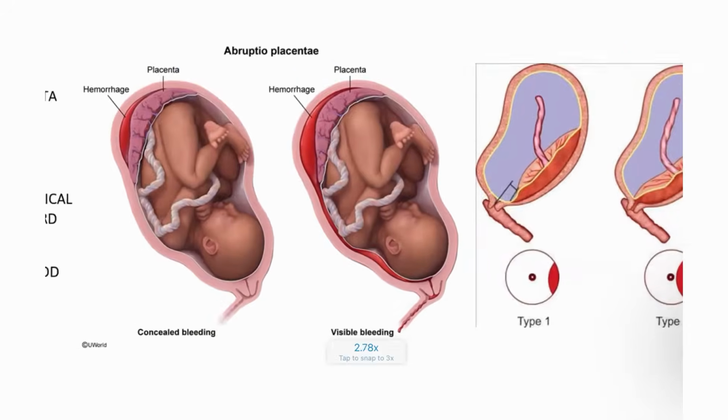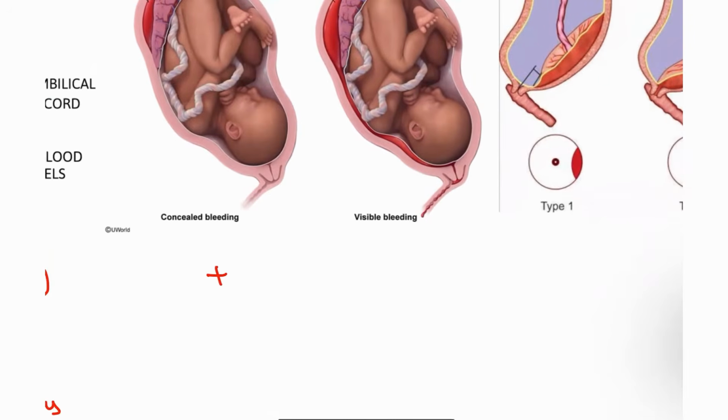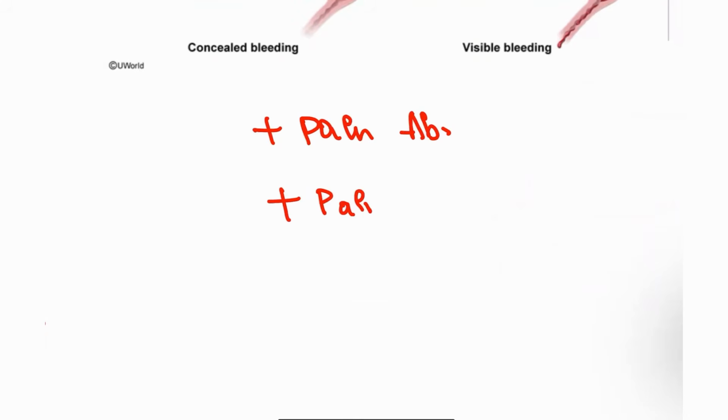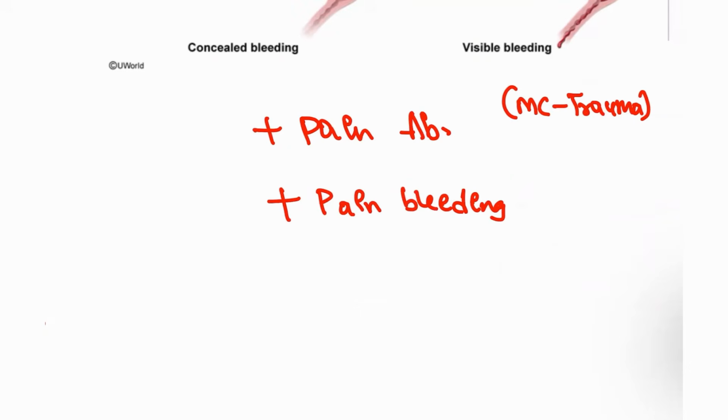Next, moving on to placenta abruptio. What are the common symptoms we see? Abdominal pain and also painful bleeding. The patient will have painful bleeding because this is most commonly associated with trauma or those who are smoking.